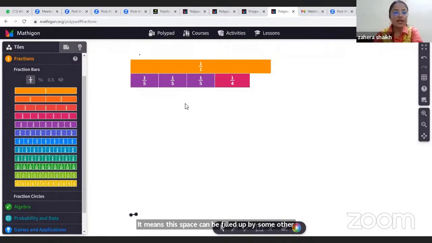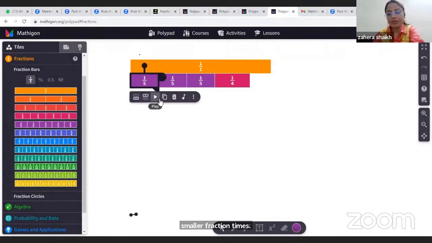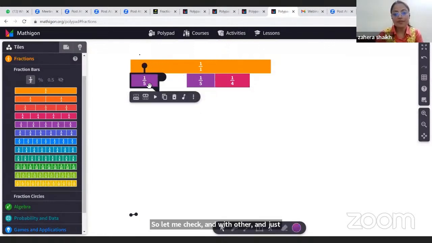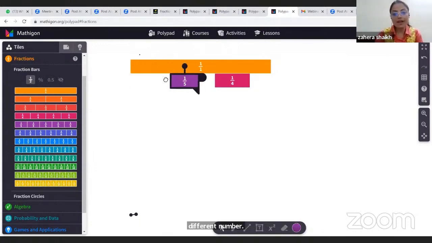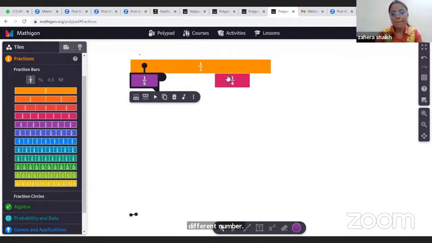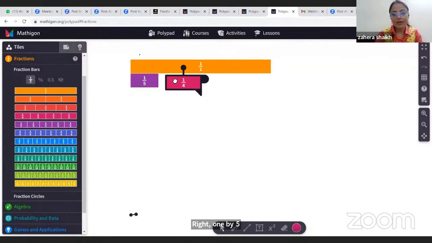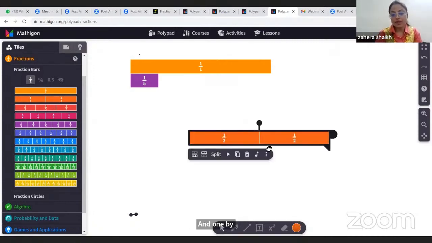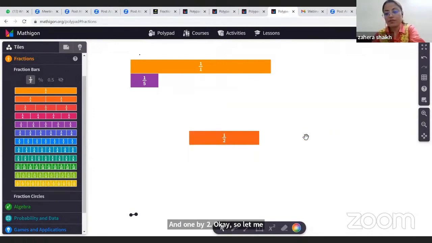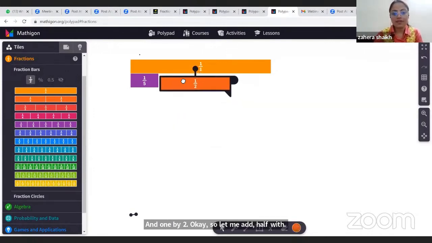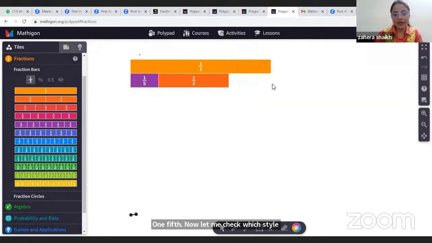So let me take different numbers, right? 1/5 and 1/2. Okay. So let me add half with 1/5. Now let me check which tile can cover the space that they have occupied here.